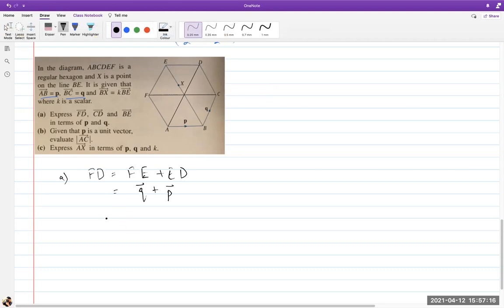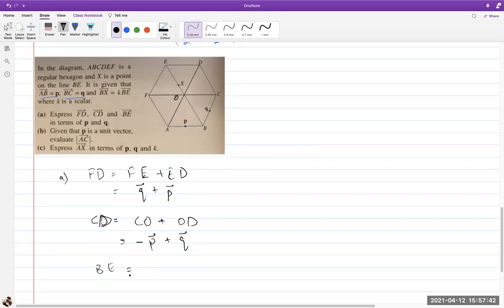So I can say that going from C to D will be going from C to O first, which is opposite of A to B, and going from O to D, which is the same as going from B to C. So C to O is negative P and O to D is plus Q. So that's what I know. That's C to D, right?